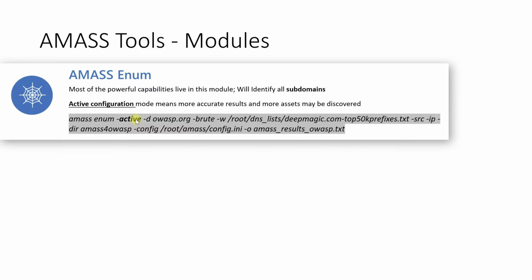Active means it will start brute forcing and DNS validation. -d for domain, you specify the domain, and -brute for brute forcing, which I told you will brute force from a hashcat style mask, and -w for specifying the file for brute forcing. -src will give you the source information from where it got this information. -ip for the IP addresses, and -dir is used for storing the information which it got, and -config is the file where you can specify your APIs and API keys, secrets, and the configuration, and -o for output is for storing this information.